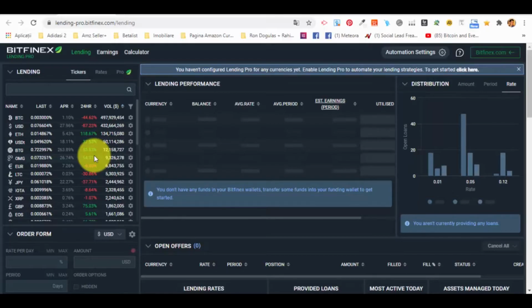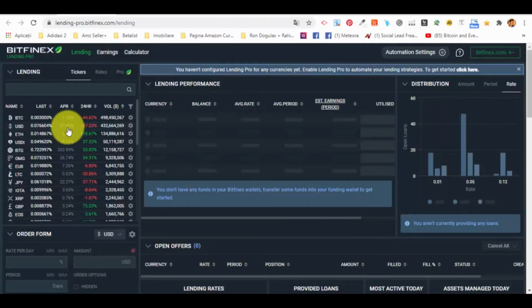So you give an amount and you compete with other people, who can lend money as you do as well. For example, if we take the US dollar, the average return per year is 27.96, and in 24 hours you have 87.23. So it's a very good rate if you think about it.